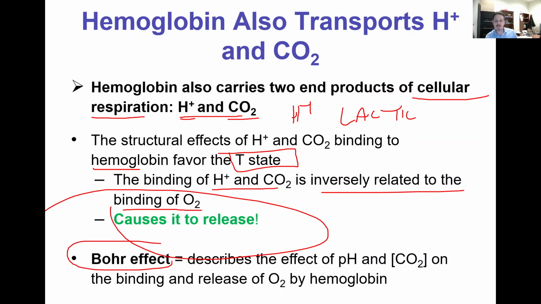This is called the Bohr effect. The Bohr effect is that decreasing pH and increasing CO2 cause the release of oxygen from hemoglobin.